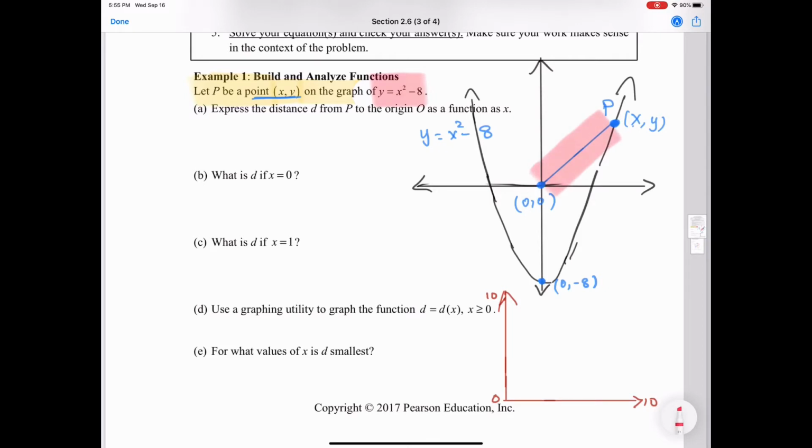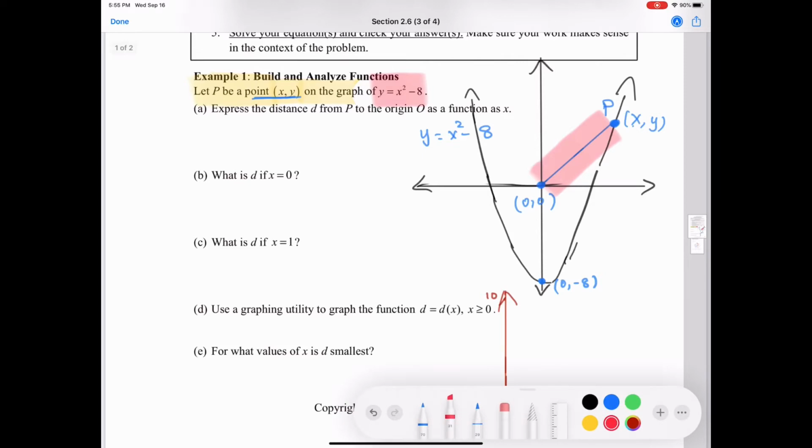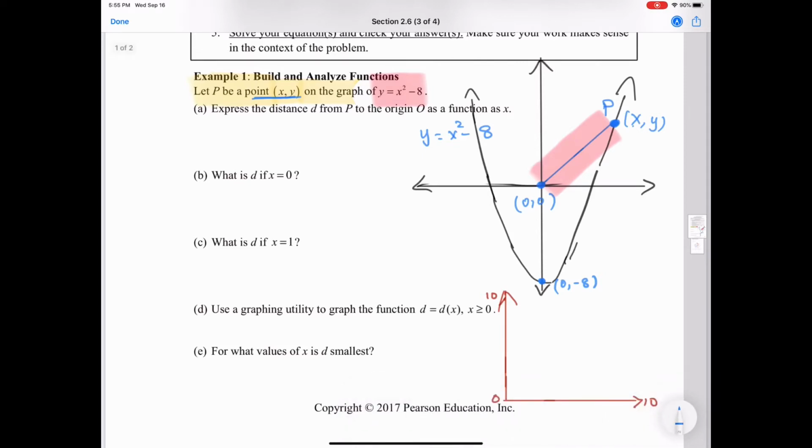Okay, so to do this problem, I know the distance formula, and if you don't, go back and refer. Distance D is equal to the square root of x2 minus x1 the whole squared plus y2 minus y1 the whole squared. It's actually coming from the Pythagorean theorem.